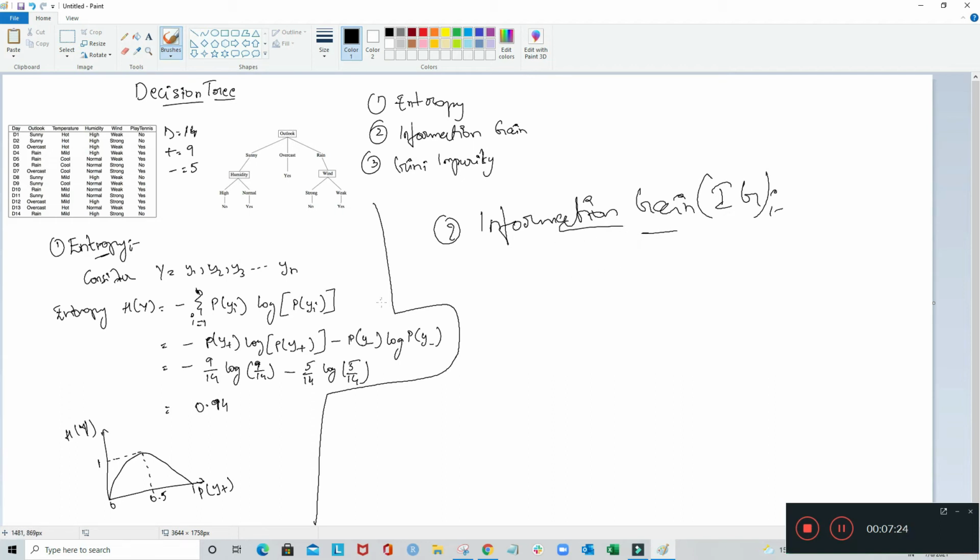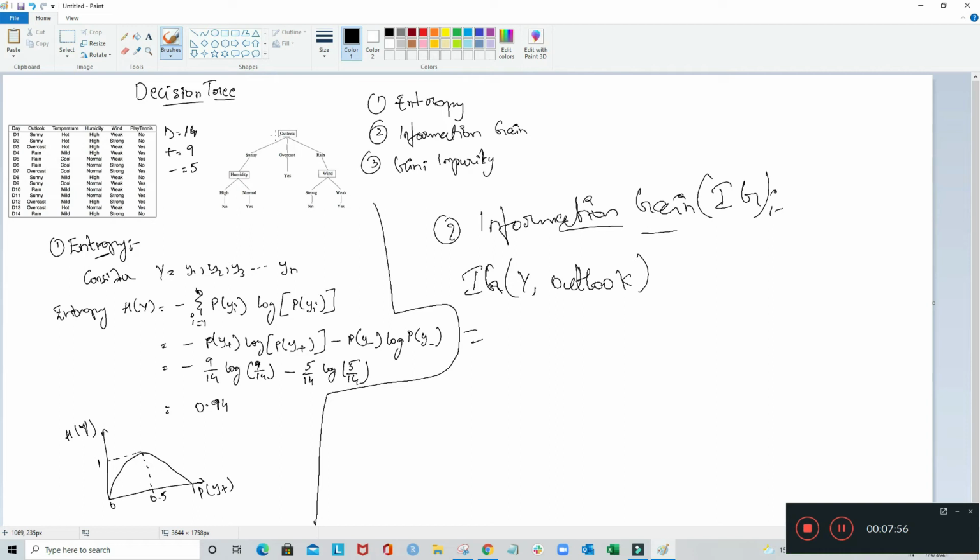My information gain is defined as follows. If the split happens on outlook, there are three instances: sunny, overcast, and rain.